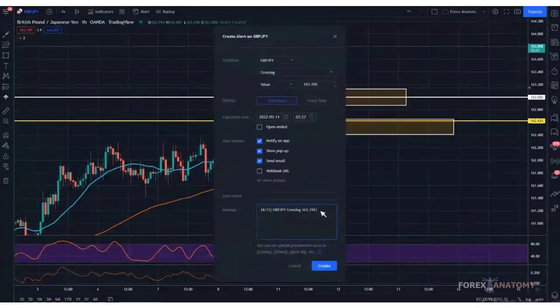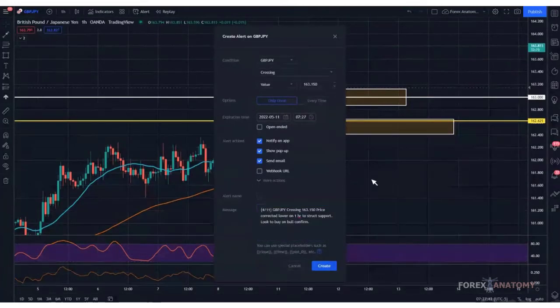So price corrected lower on 1 hour to structure support, and look to buy on bullish confirmation. All right, so then yeah, we'll look to buy on bullish confirmation.